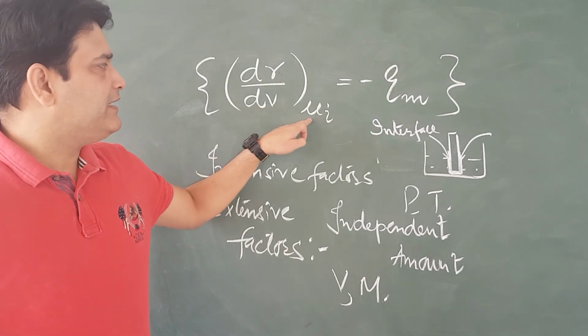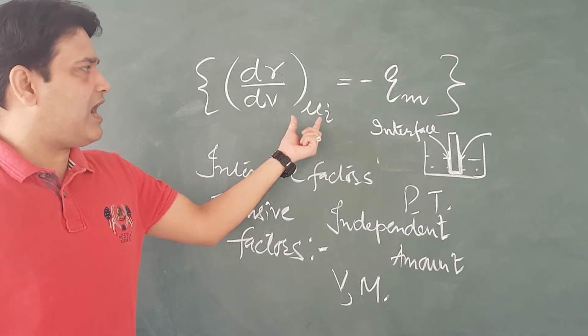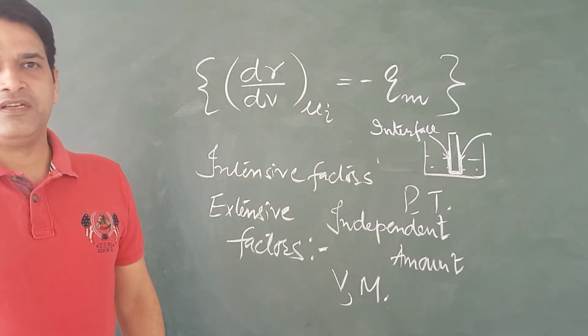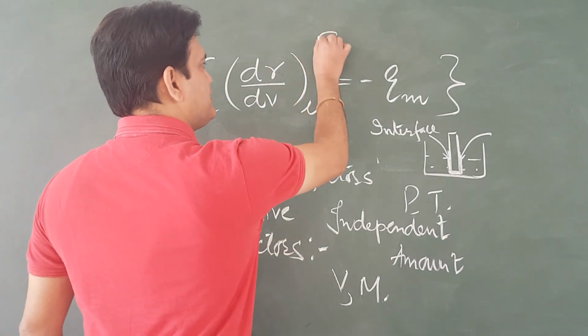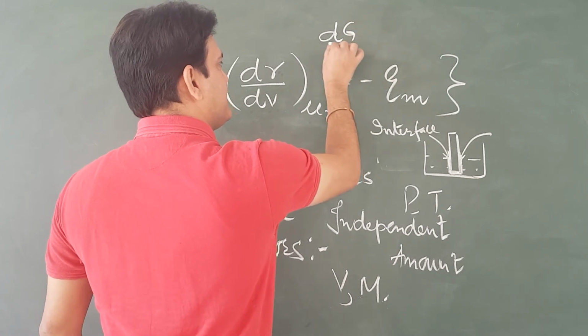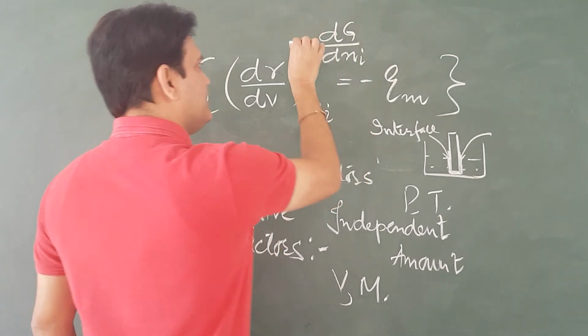And mu I is the constant chemical potential of the ith component. And what is chemical potential? It is change in Gibbs energy with respect to change in composition.